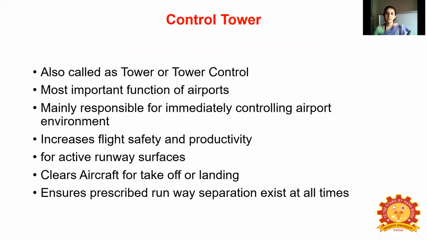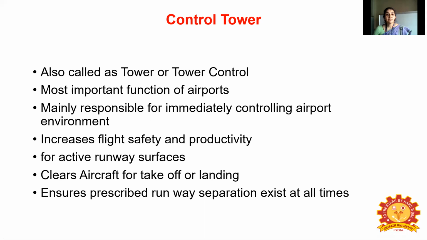Okay, that is apron. And the next one is control tower. What is this control tower? This is also called tower control or simply tower. Most of the important functions of the airport are handled in this control tower. It's like controlling the entire functioning of an airport. The main responsibility is that the environment in the airport is completely taken care of. Flight safety is ensured, and runways are kept clear so that no accidents happen.